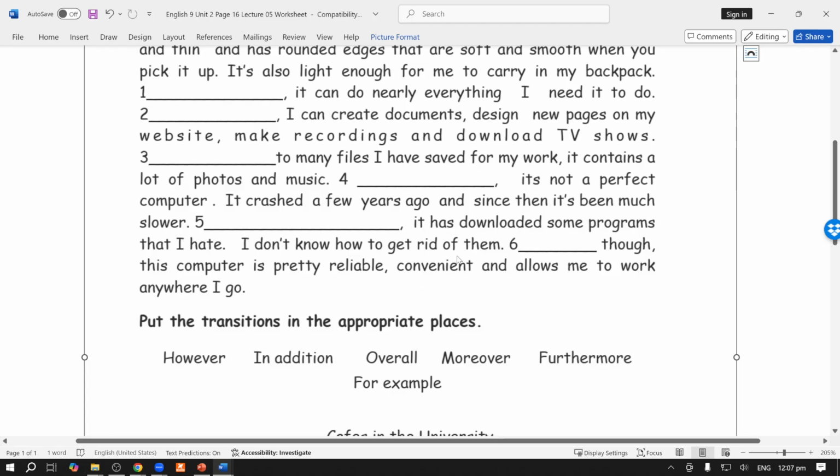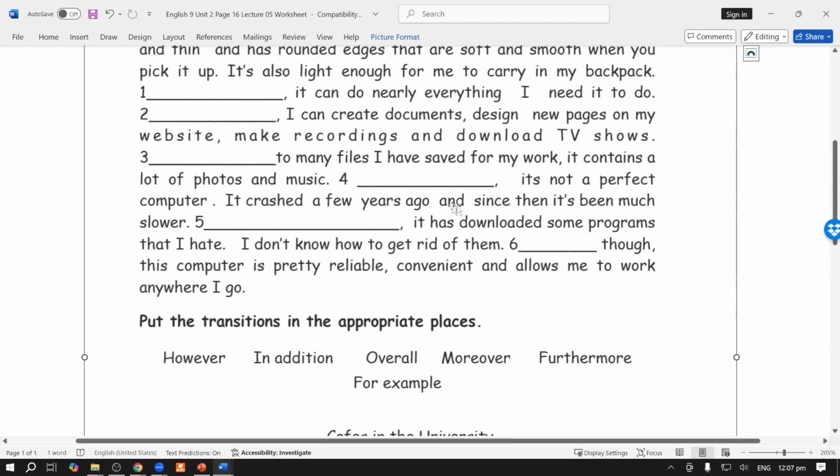That computer does many things. However, it is not a perfect computer. So he is not suggesting that it's a perfect computer. Because there is a contrast, he or she is telling some sort of demerit. That's why however will be used there.